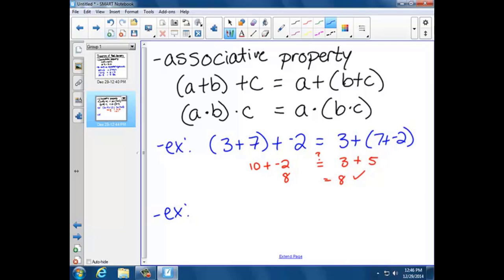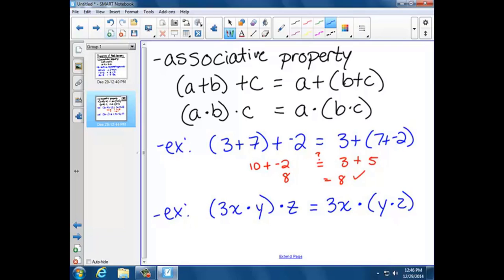So with multiplication, let's do one with variables now. If we had 3x times y times z, that would be the same as 3x times y times z in parentheses.